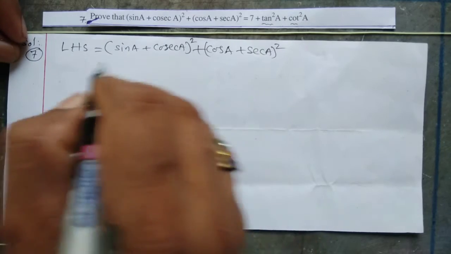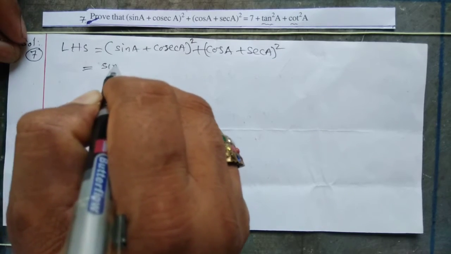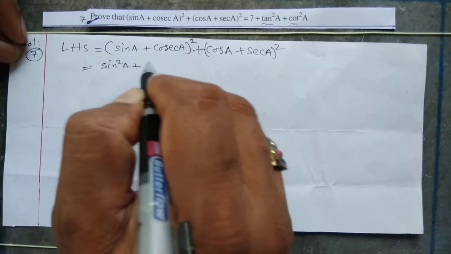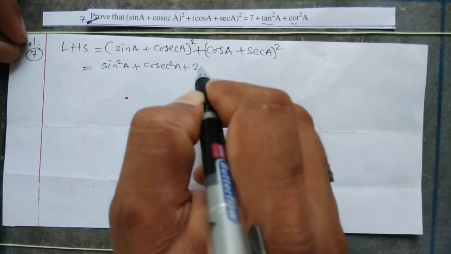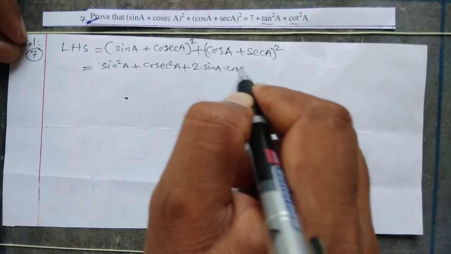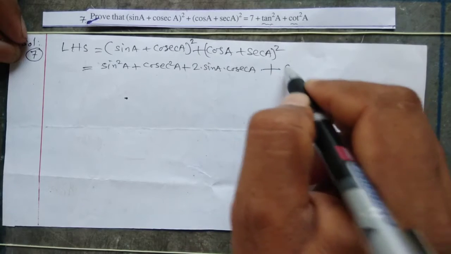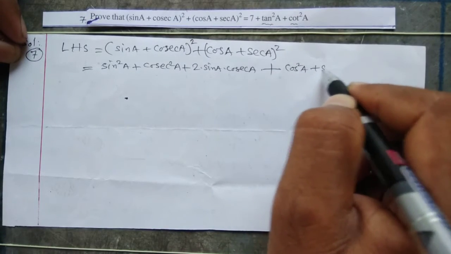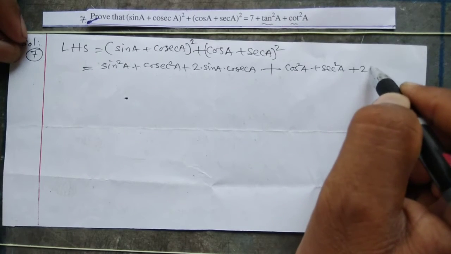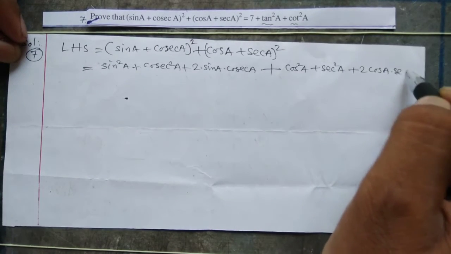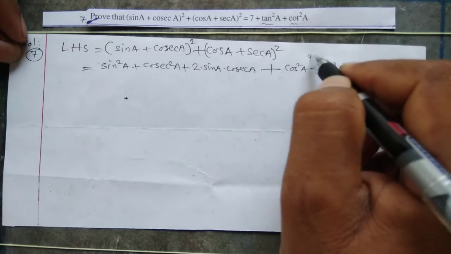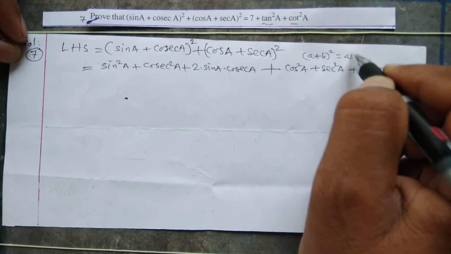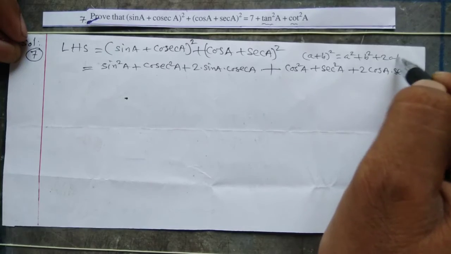I will expand using A plus B whole square. We know A plus B whole square is equal to A square plus B square plus 2AB. So sin square A plus cosec square A plus 2 sin A cosec A plus cos square A plus sec square A plus 2 cos A sec A. I applied formula like this.